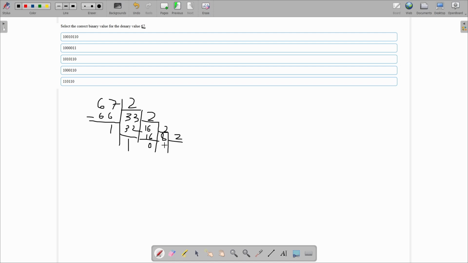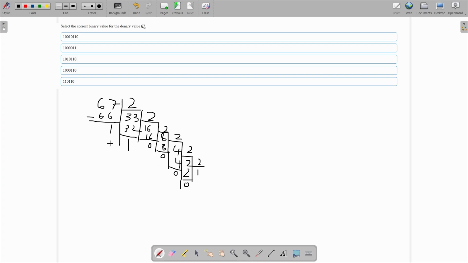Divide by 2 again, 4, 8, 0. Divide by 2 again here, and you can basically repeat this process until you can no longer divide by 2. Once again, divide by 2, 1. Now we can no longer divide by 2.